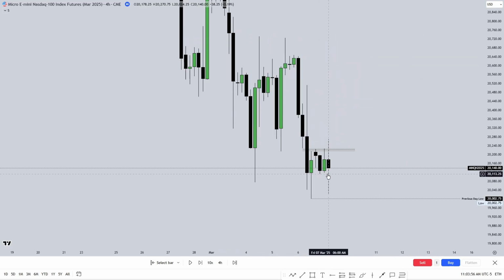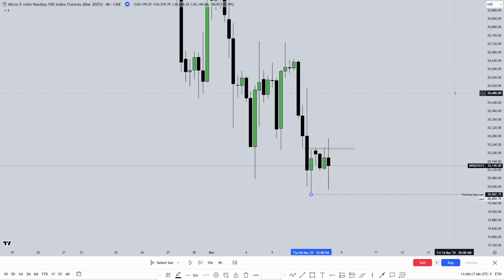What this 4 hour candle ended up doing is it took out these equal highs right here and closed back within the range, and the previous day low right here was still intact. Not only was it still intact, but we had created equal lows with it right here, right? So at this point, I had established just a really strong and obvious bearish bias.